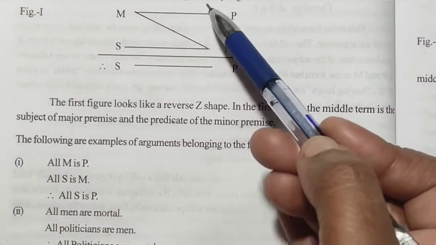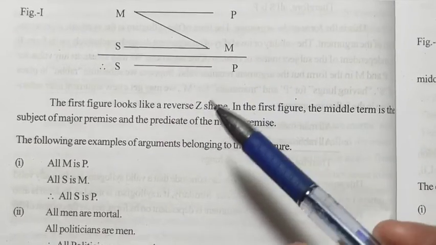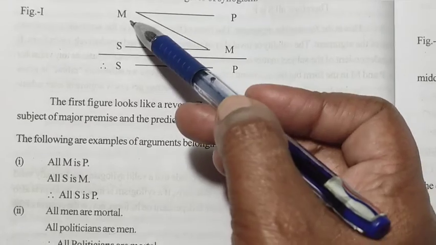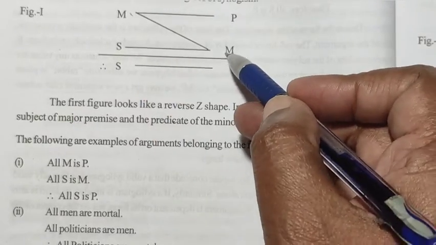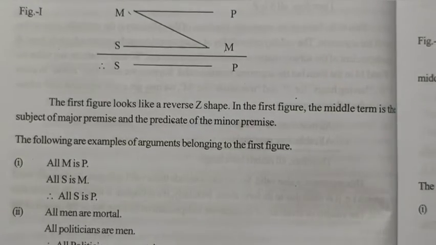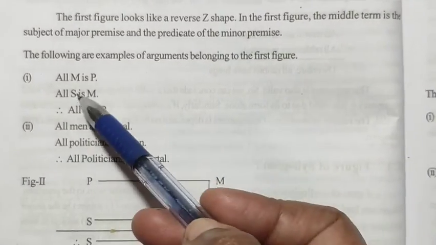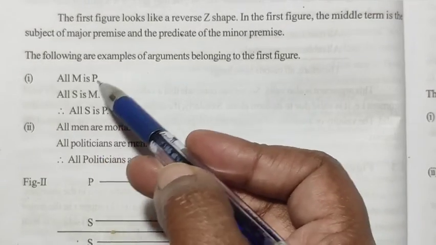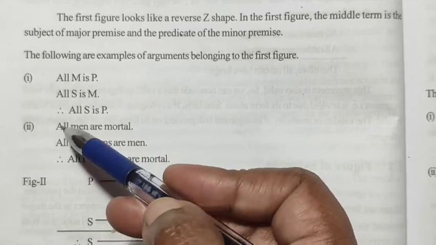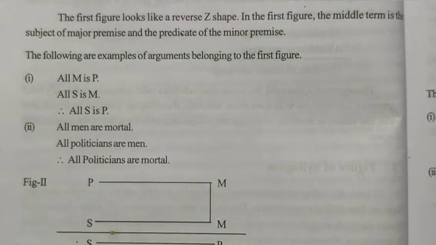So this is the major premise, this is the minor premise and this is the conclusion. Here this is the subject place and this is the predicate place. Here is an example of an argument belonging to the first figure. All M is P, all S is M, therefore all S is P. This is the example of the first figure.